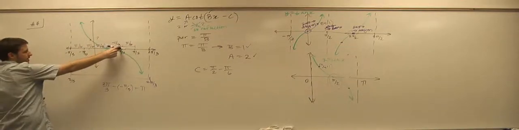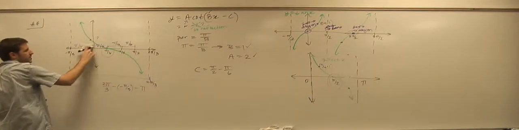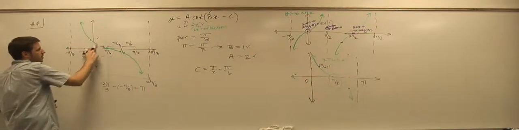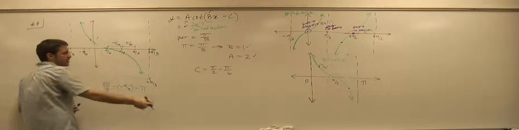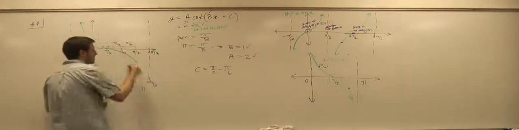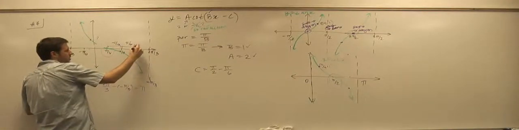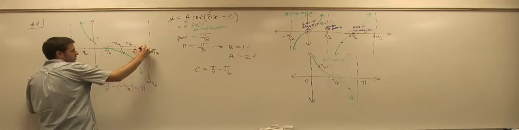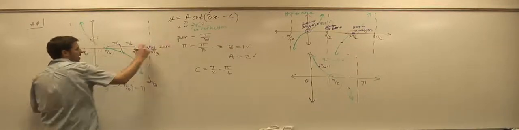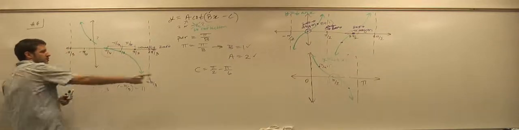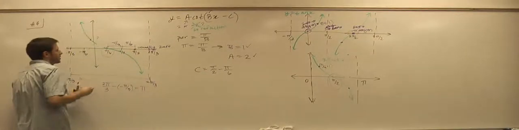But whatever. If you didn't recognize that each one of these distances is pi over 6, that's okay. You could figure out how far it is between these two numbers by taking the bigger one and subtracting the smaller. This is where cotangent usually has a 0, but I want to know how far I've moved over here, so I subtract pi over 2 minus pi over 6.